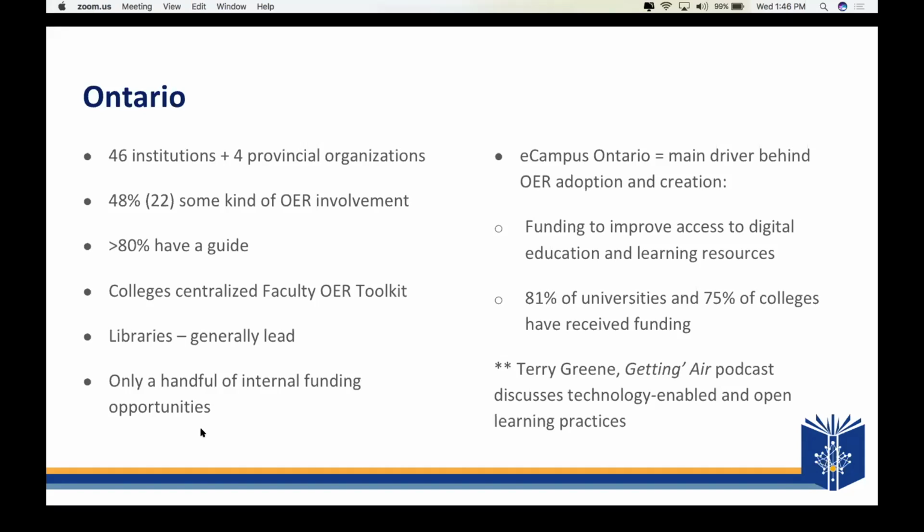Their recent report indicated that 81% of universities have received some sort of funding from eCampus Ontario, and 75% of colleges have received funding. So there is quite a bit happening in Ontario. And as Melanie said earlier on, it's really difficult sometimes to dig in and see exactly what's going on.